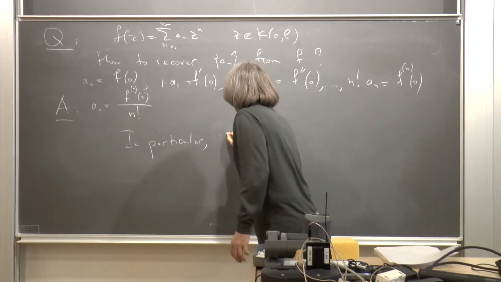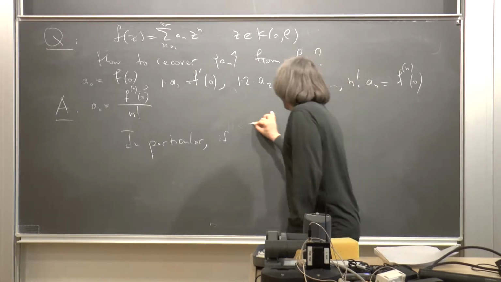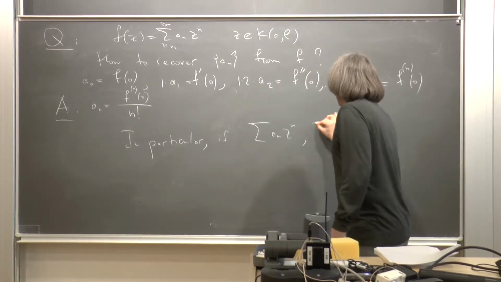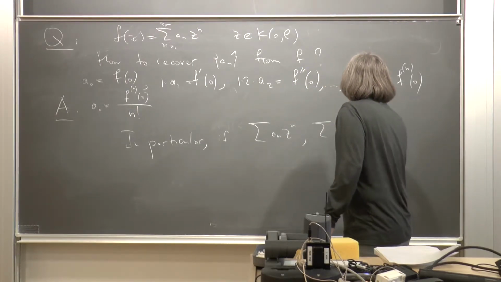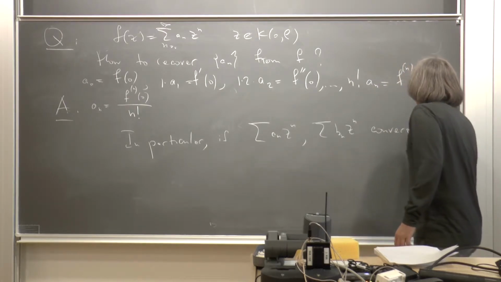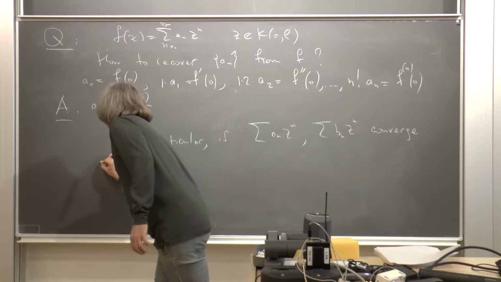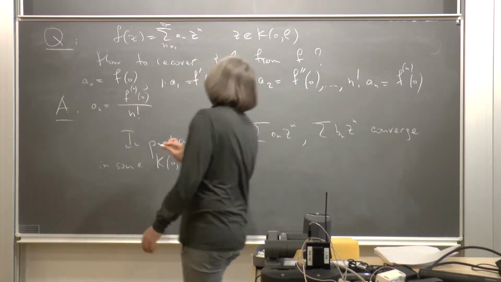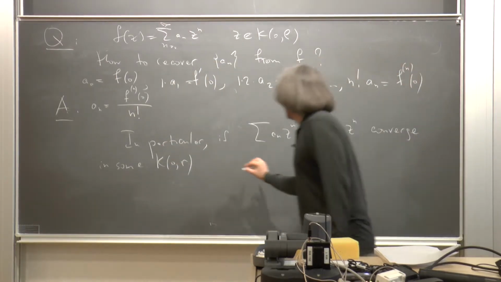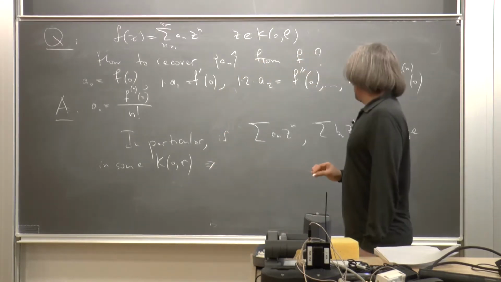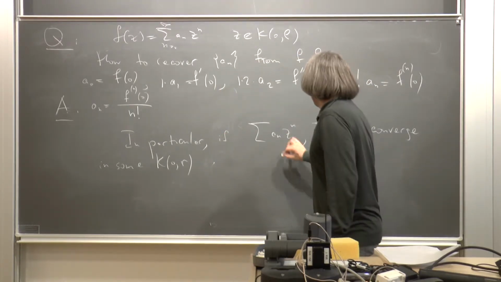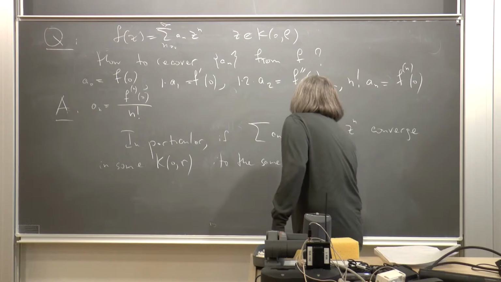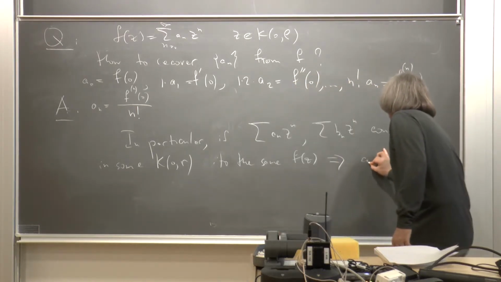So in particular, if somewhere around 0, two series an z to the n converge absolutely in some disk, then they converge to the same function, to the same f of z, it follows that all coefficients are the same.